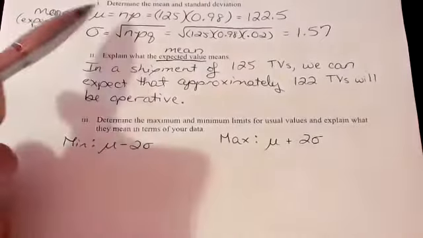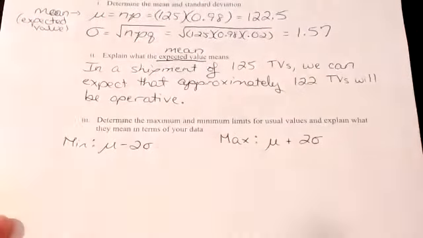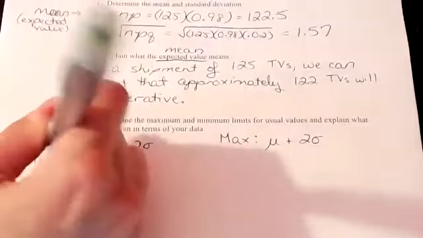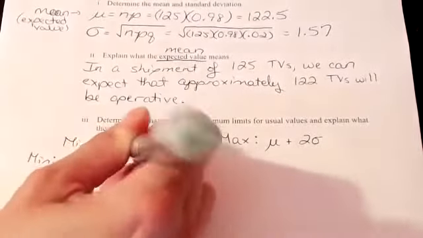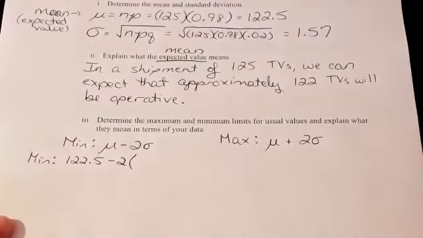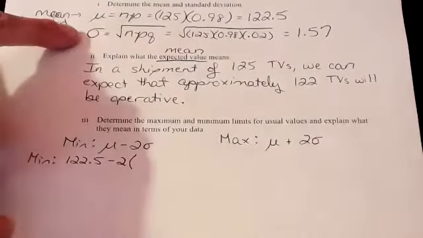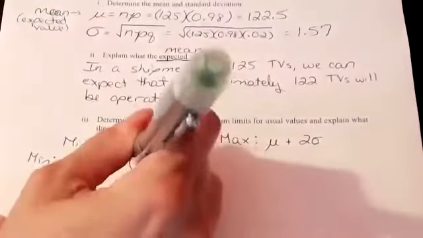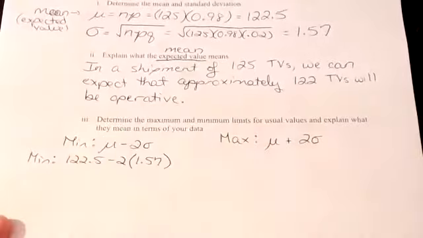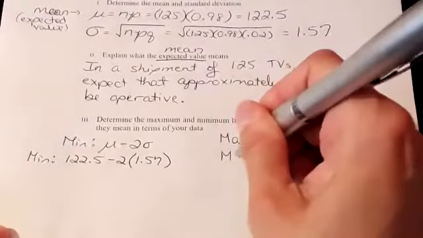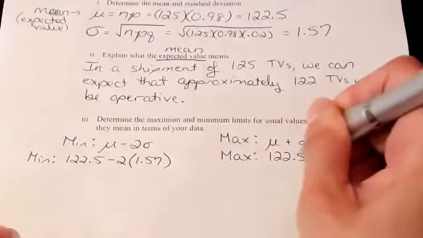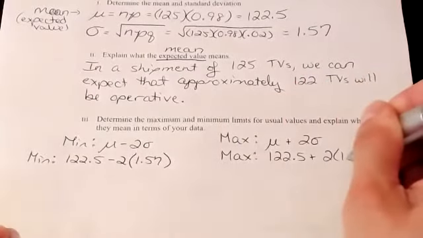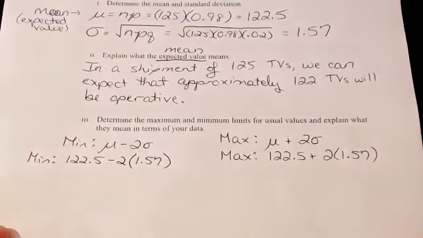Beautiful. So we're simply going to plug into this formula. We know that the mean, which we calculated, is 122.5. So for the minimum, you're going to do 122.5 minus twice the standard deviation. We calculated the standard deviation to be 1.57. It's right here in part 1. So we're going to use this 1.57. For the maximum, we're going to do the same thing, except we're going to add instead of subtract. So 122.5 plus 2 times 1.57.